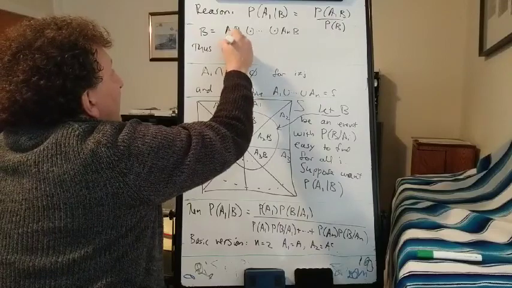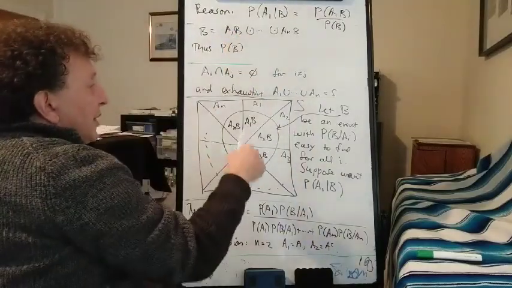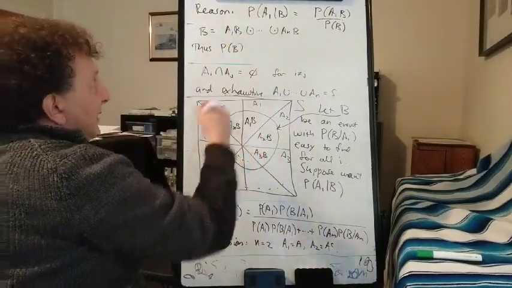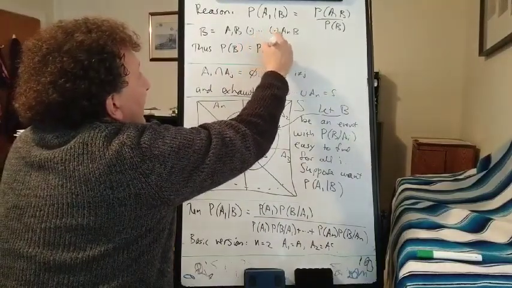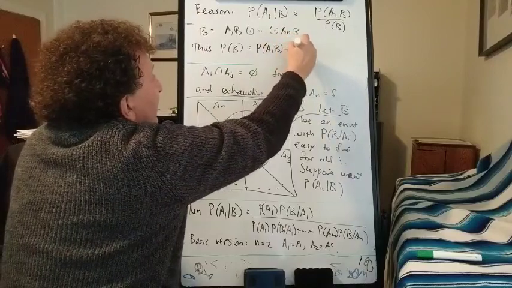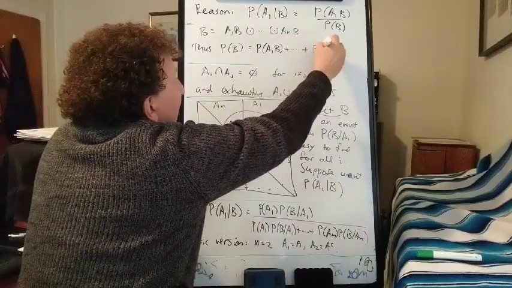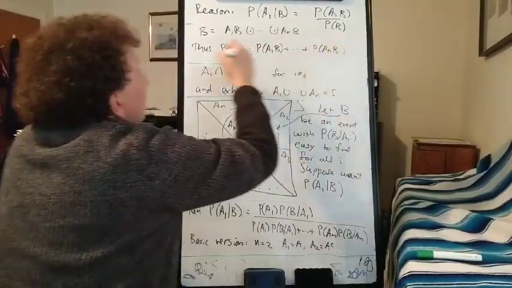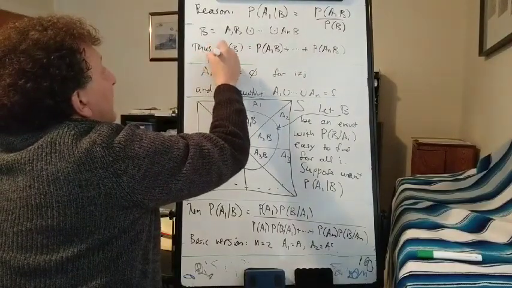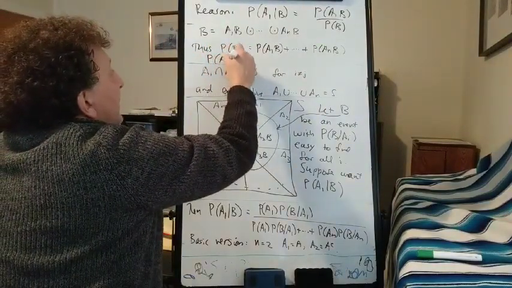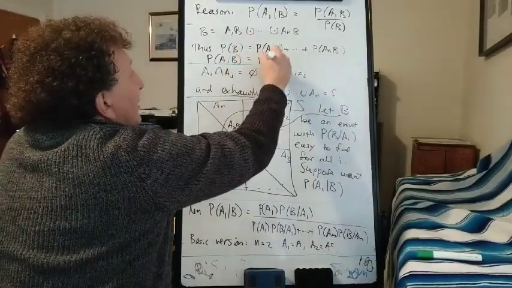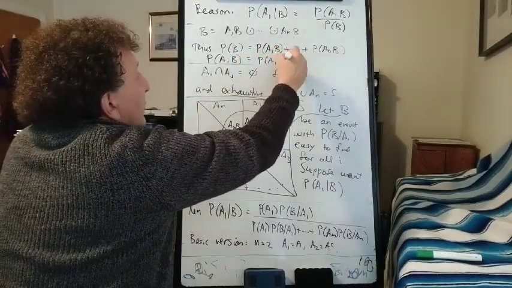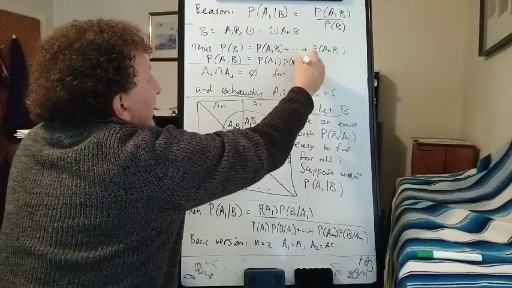So that means that the probability of B is the sum of the probabilities of all the pieces added together. So the probability of A1 and B plus up to the probability of AN and B. Now the probability of Ai and B for any i, including 1, is the probability of Ai times the probability of B given Ai.